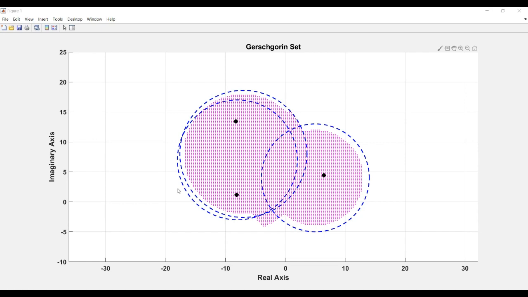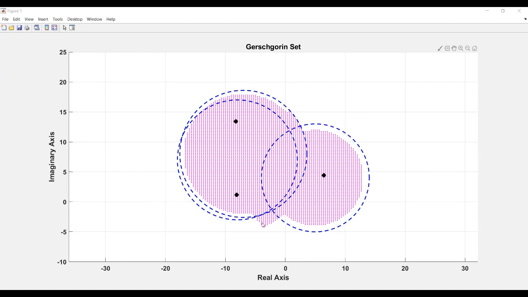And so notice, if we were to intersect the set represented by the blue dashes with the purple that we had before, we'll reduce the inclusion set somewhat. Now notice up here at the top, we don't reduce it at all, because actually the purple's inside, so the blue discs don't help us at all up here. Same thing over here, they don't help us.